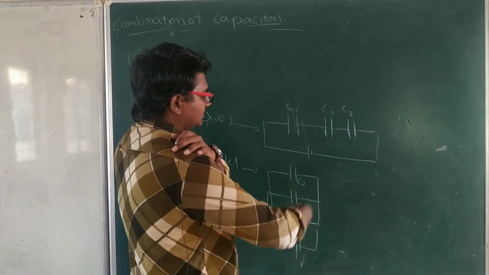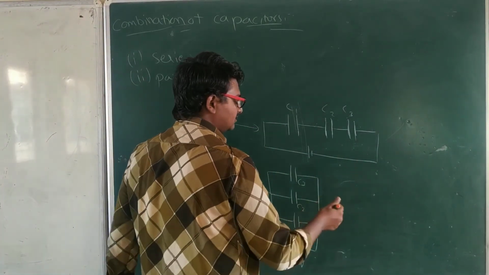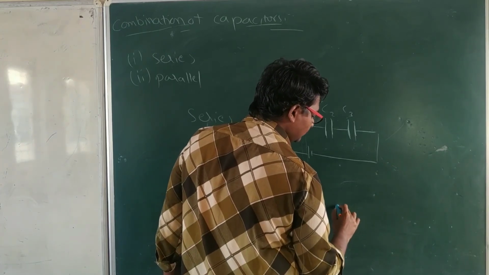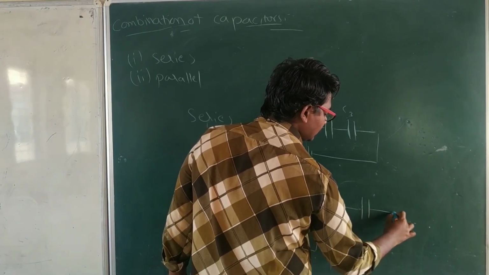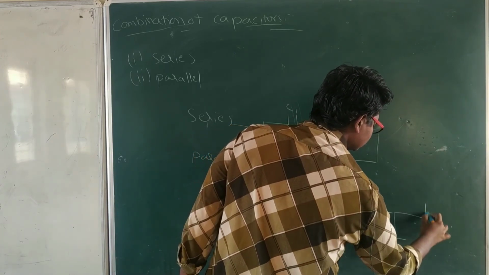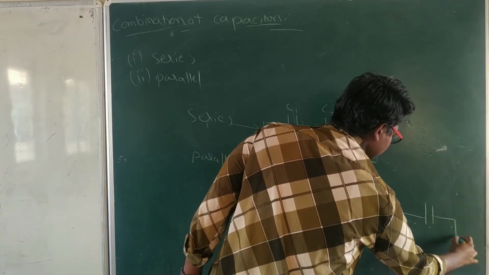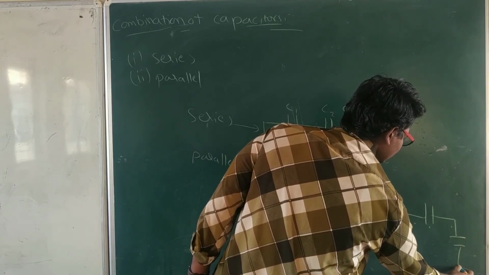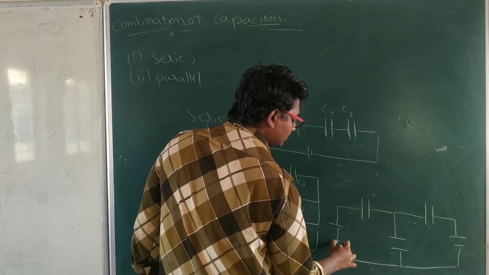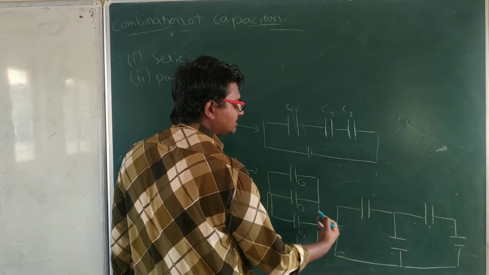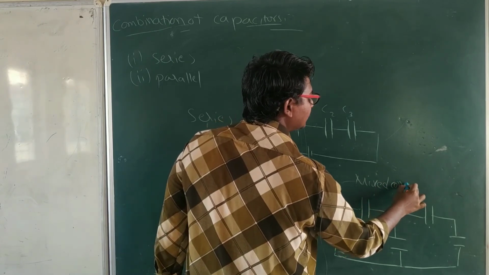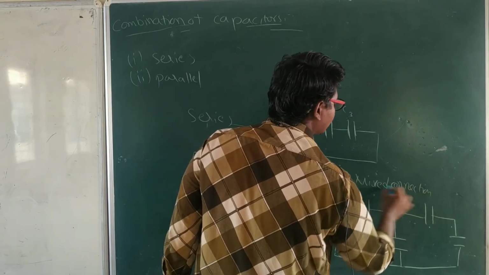Now they can also be combined, so many different types of connections are available. For example, the connection is like this. This type of connection is also available. This is a mixed connection.